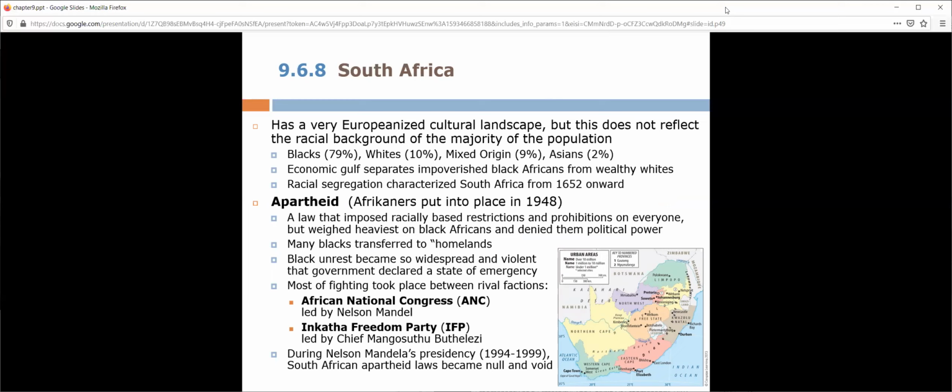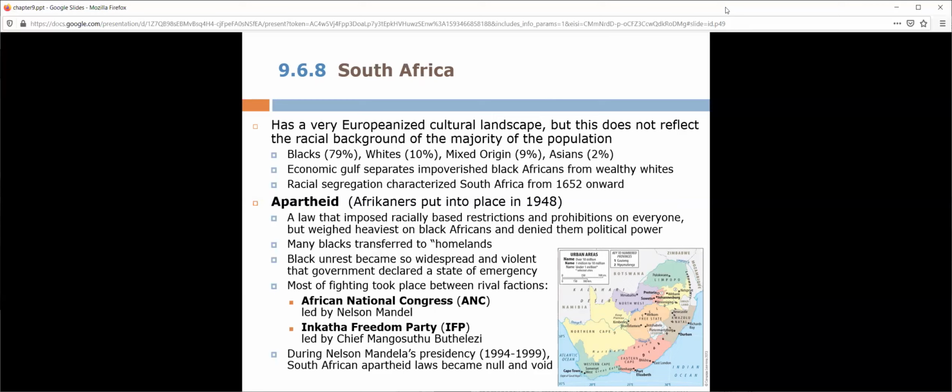Very Europeanized, that's a tough word, compared to the rest of Africa. The Afrikaners, or the Dutch, that have been living there for quite a while, sort of took over, and you had sort of a Hutu and Tutsi issue where the minority white population controlled South Africa with an iron fist for what, 50 plus years, right?